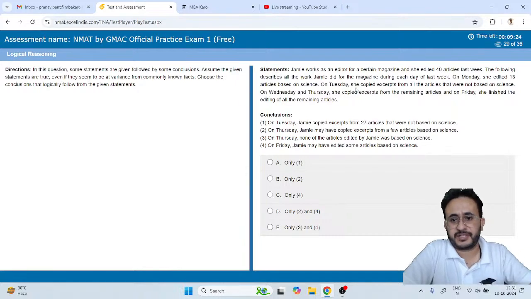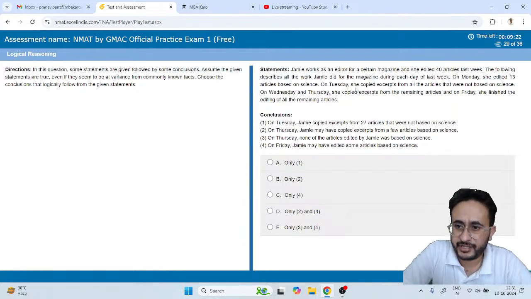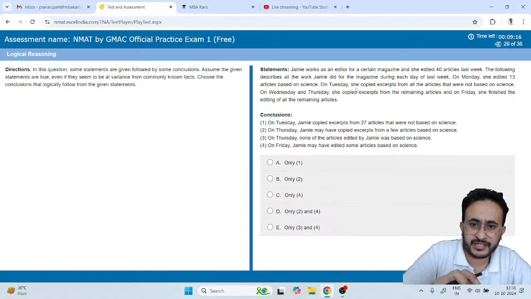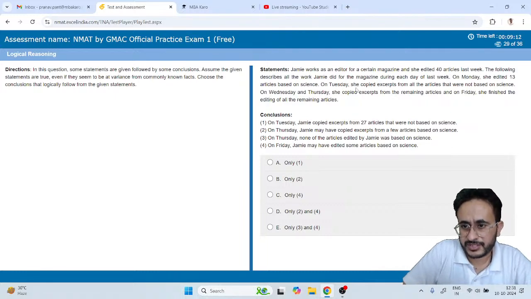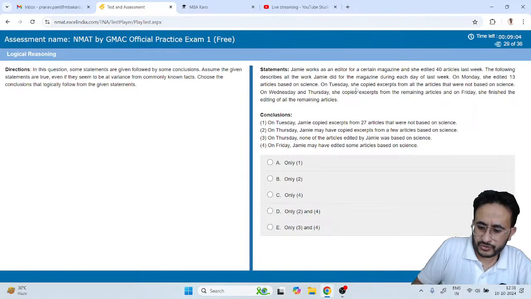Next, a question: JB works as an editor and edited 40 articles. Okay, so it says on Monday she edited 13 articles on science, copied excerpts from the articles that were not based on science, and on Wednesday and Thursday she copied excerpts from the remaining articles, and on Friday she finished the editing of all the articles. So Monday, Tuesday, Wednesday, Thursday, and Friday.